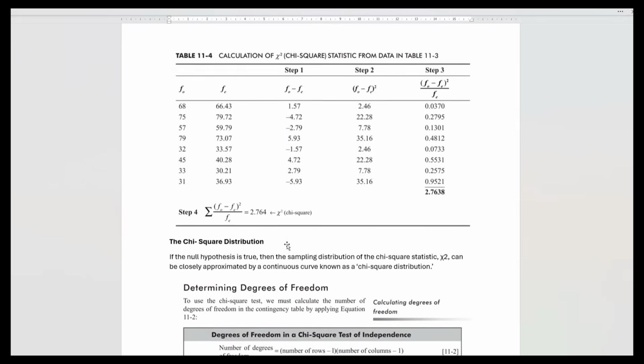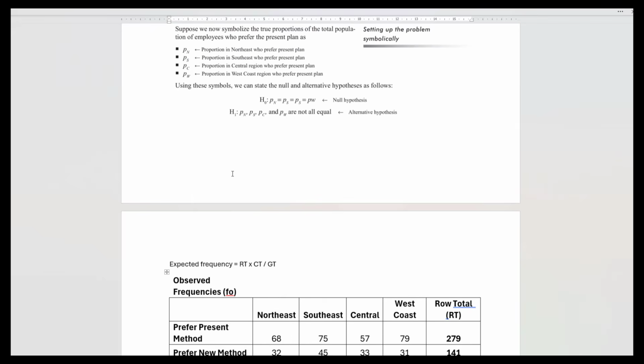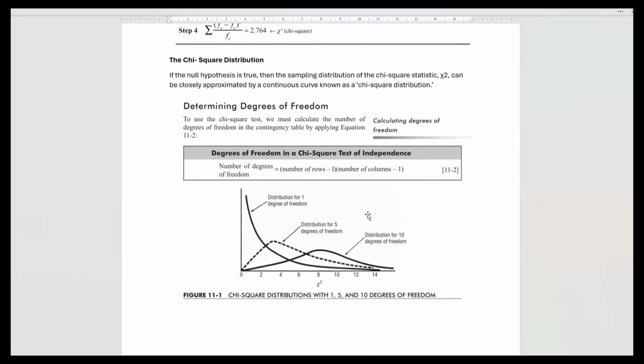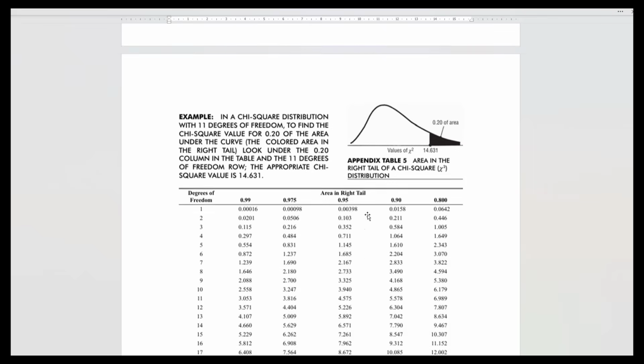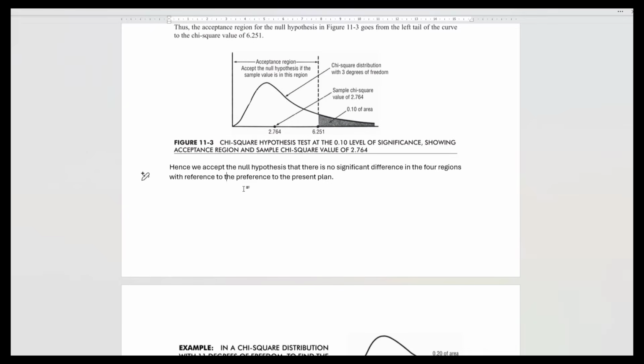There is a small mistake here, let me correct it here only. So here, no significant difference in the four regions with reference to the preference to the present plan. Okay, so this is the hypothesis conclusion. Thank you.